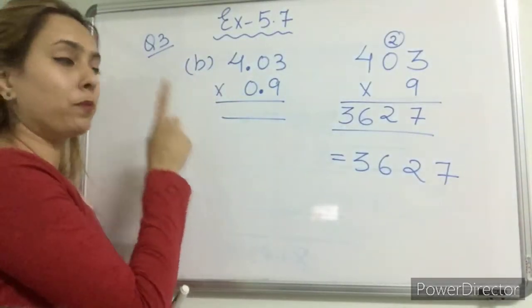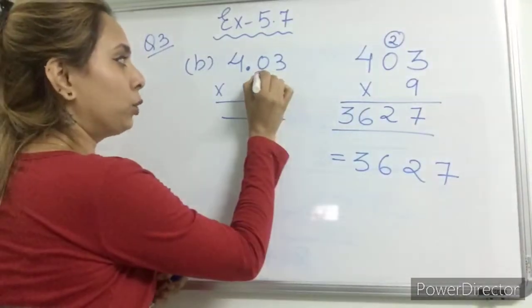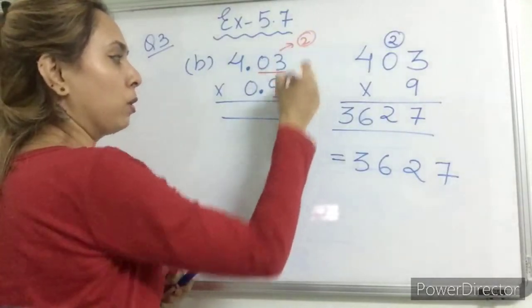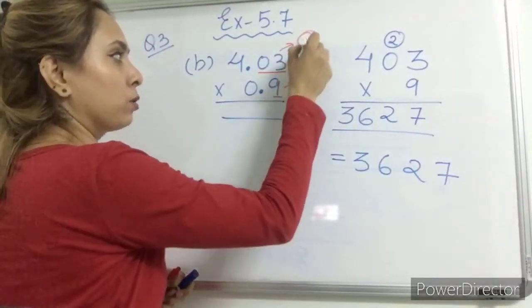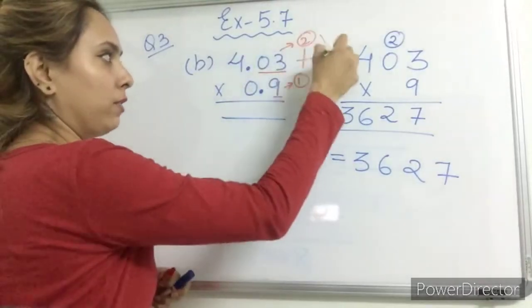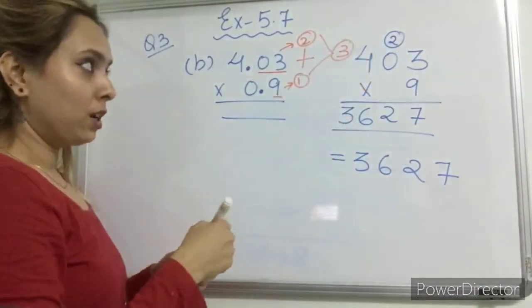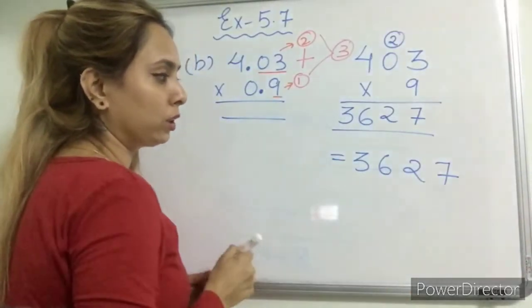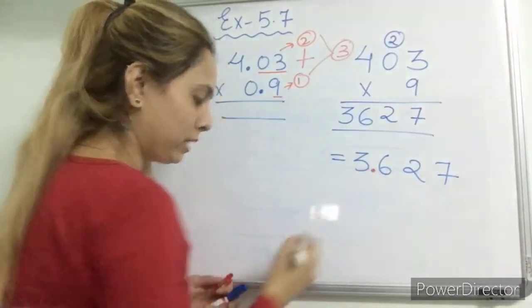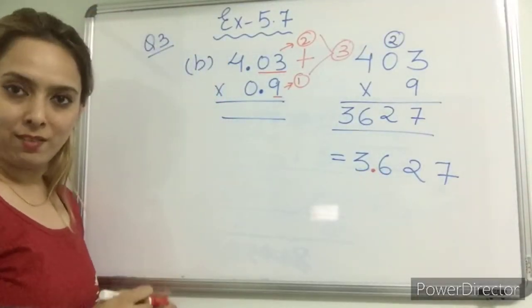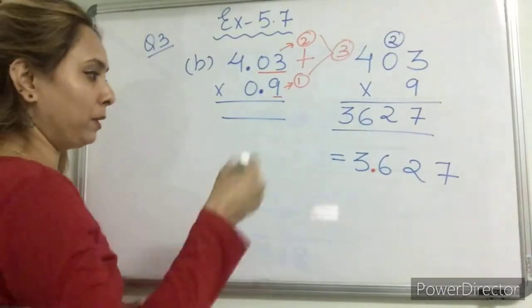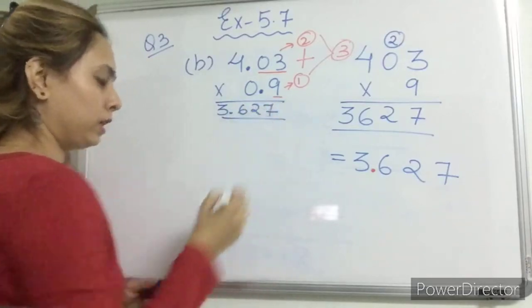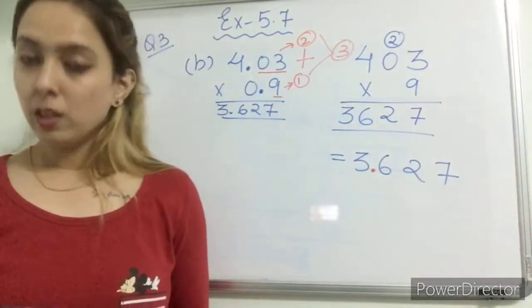In the question we have 2 decimal places and 1 decimal place. Both of these will be added. So there are 3 decimal places. We will put the decimal before 3 numbers: 1, 2, 3. So the answer is 3.627. Very simple.